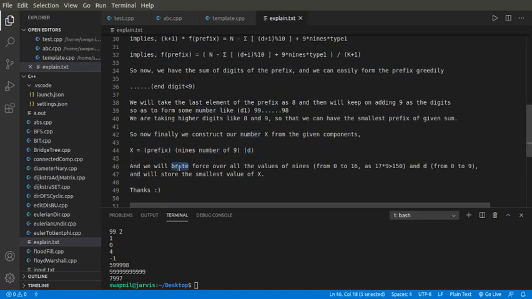So we will just brute force or loop over all the values of the count of 9s from 0 to 16, as if we take 17, then 17 times 9 is greater than 150, and my constraint for n is less than or equal to 150, so 17 can't be the value of the total number of 9s. So we will loop over the count of 9s from 0 to 16, and d is a simple digit, so it will have a value from 0 to 9. So we will store the smallest value of x in these iterations.